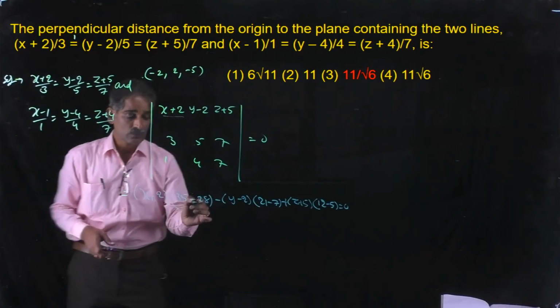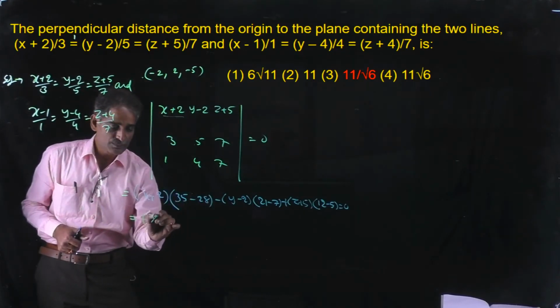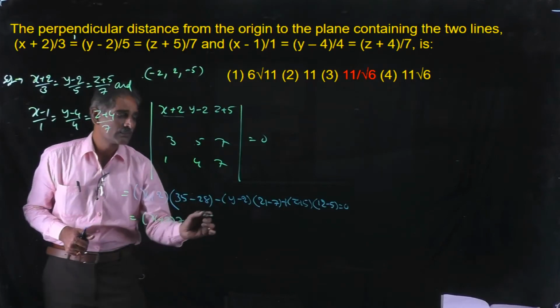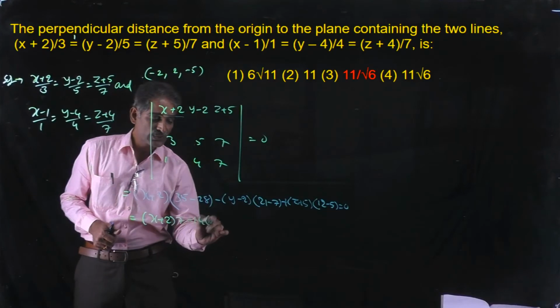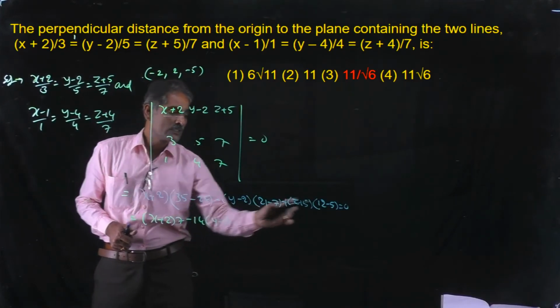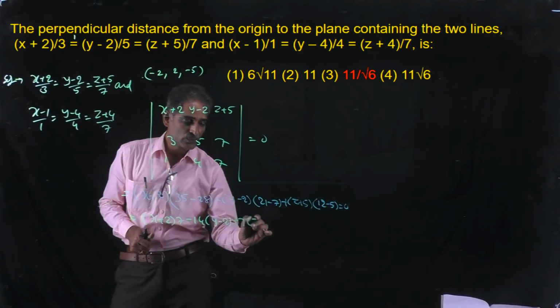Okay, now 35 minus 28, 7, x plus 2 into 7, 21 minus 7, 14, minus 14 into y minus 2, 12 minus 5, 7 plus 7 into z plus 5.